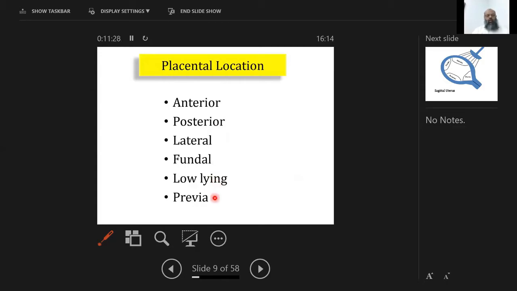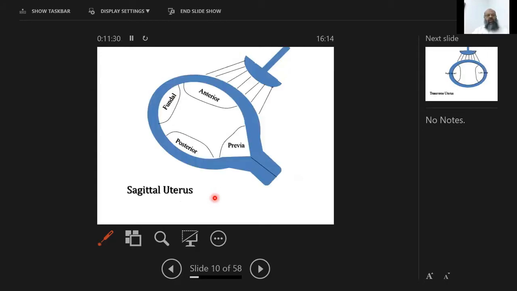Let's see how we look for these locations. If you look at this, this is the anterior abdominal wall of the patient. There is the internal os, external os, and the cervix. We can see the whole uterine cavity. This is the fundus of the uterus. The area of the placenta which is near to the transducer, towards the anterior abdominal wall of the patient, is anterior.